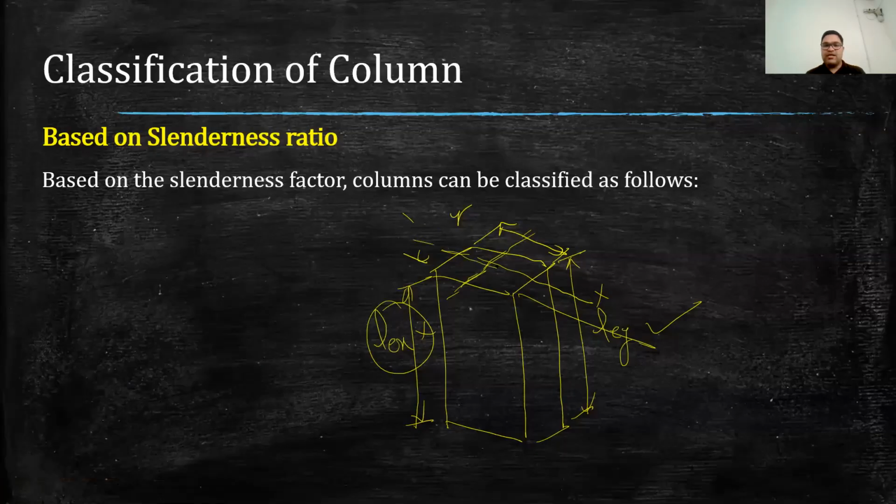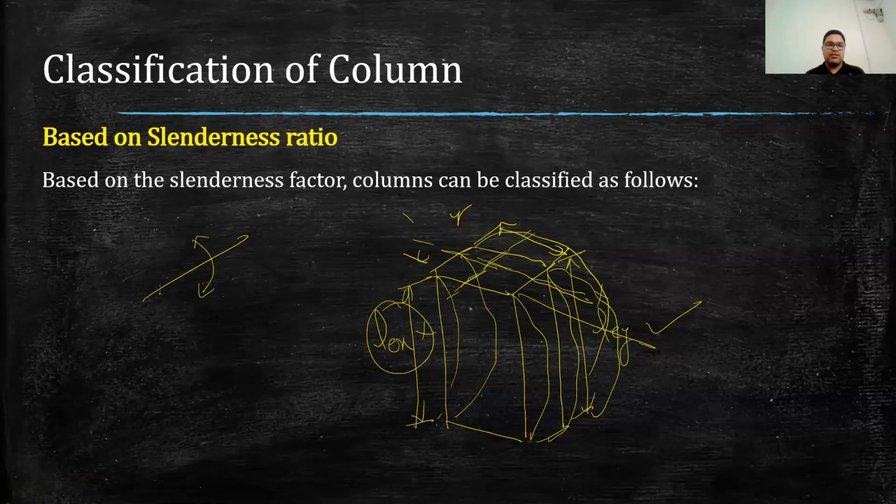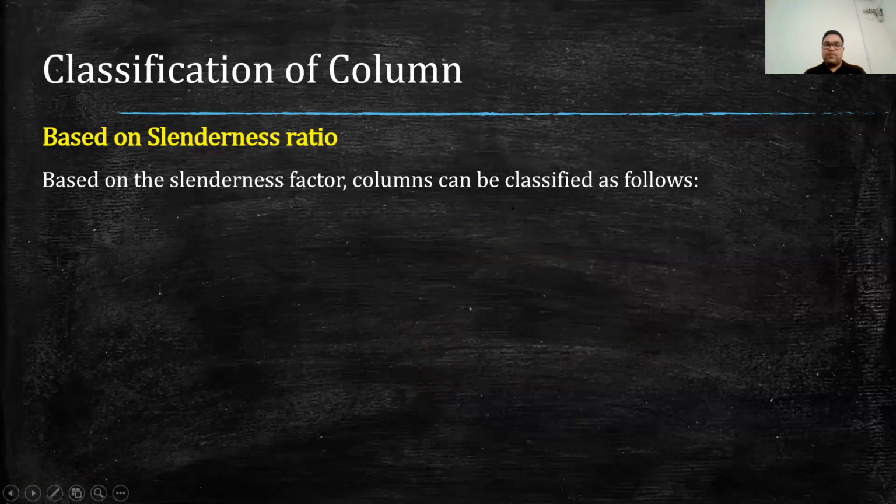If I say that bending is occurring along the y-axis, it will be something like this and like this, while in case of the x-axis, it will be like this and like this. So bending along this axis will be like this, and bending along this will be something like this. So we have bending along both axes.